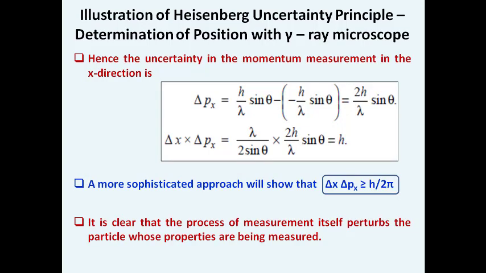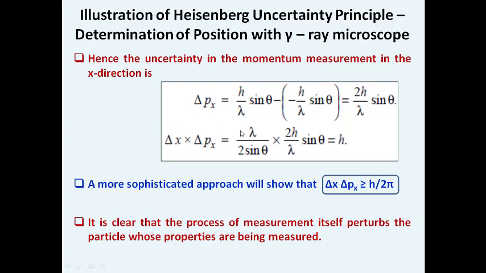Now if you want to find the uncertainty in the measurement of momentum in the x direction, call it delta px. It is the addition of the resolved momentum on the OA side and the OB side. So the resultant momentum uncertainty in the x direction is 2h by lambda times sin theta.